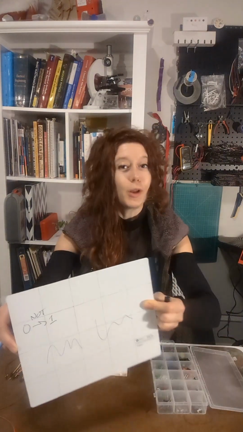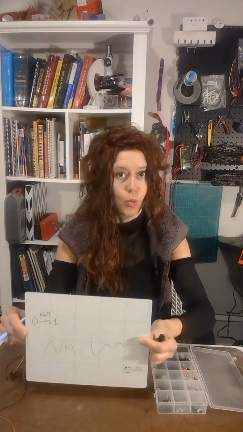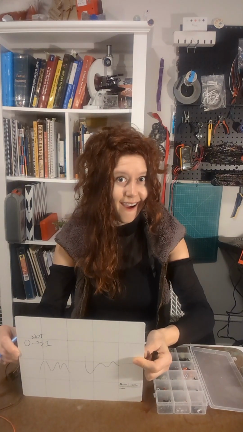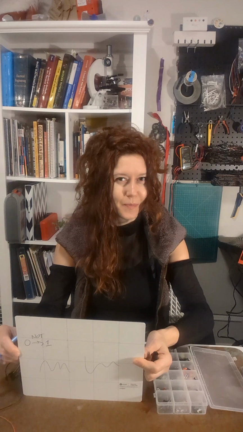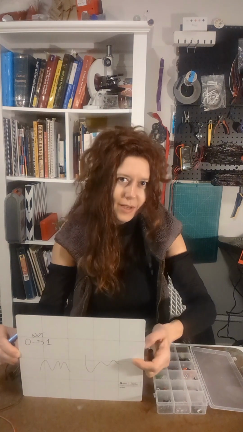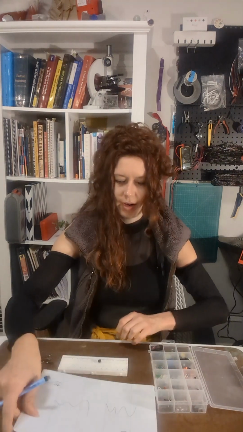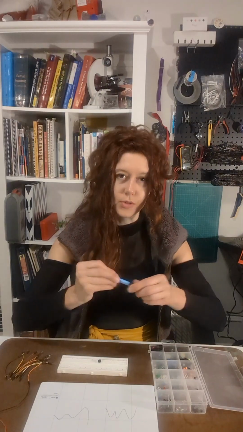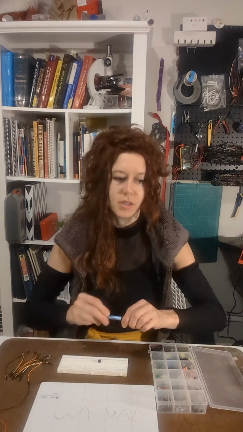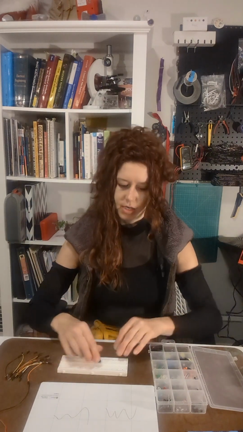What do you think it will be if the input is 1? What do you think the output will be? Yeah, exactly, 0. And since we're dealing with digital signals, we only have 2 possibilities. So that's what the NOT gate does.